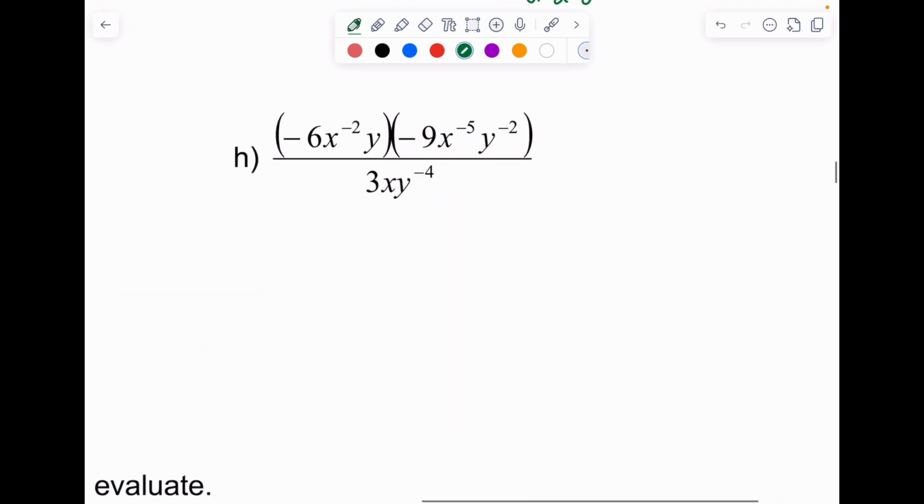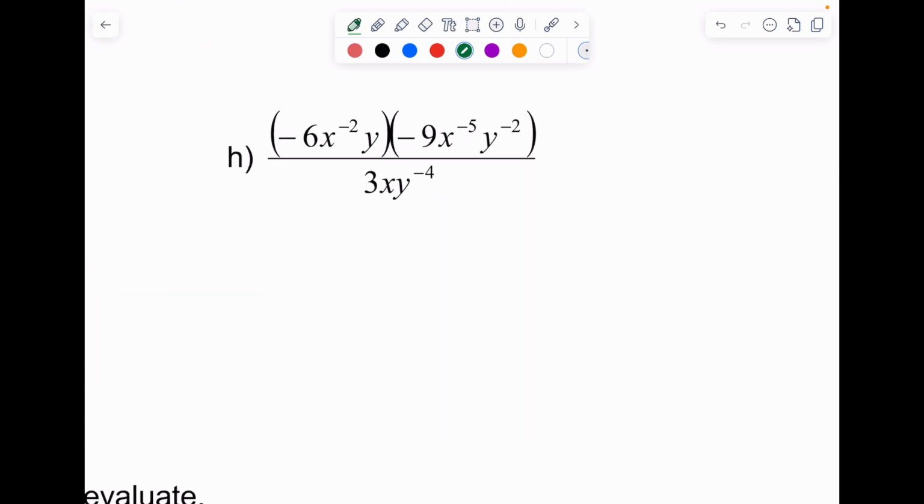All right, well, we have a bunch of multiplications going on up top. So let's distribute like we would do in the previous units. So negative 6 multiplying negative 9, well, you're going to get 54. So positive 54, so 54. And then you have x times this x right here, because multiply similar.